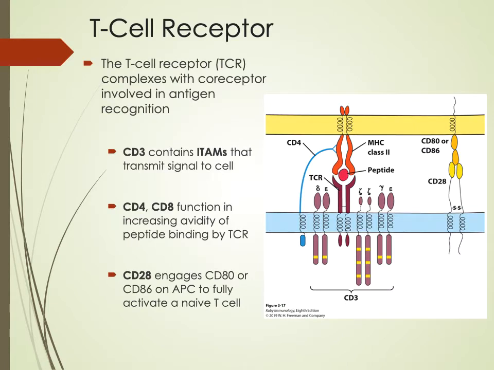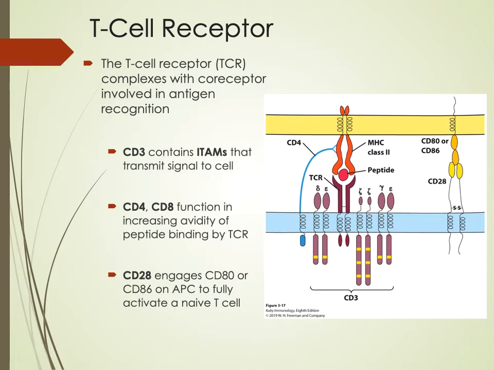So looking at how the complex of the T cell receptor looks, we have our figure here. Just like with the B cell receptor, we have a lot of other pieces around the receptor. You can see here we have our T cell receptor, and then our peptide and MHC class 2.